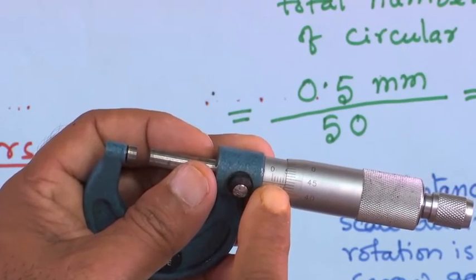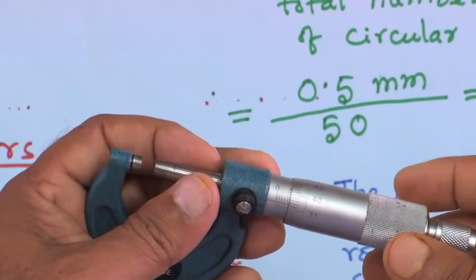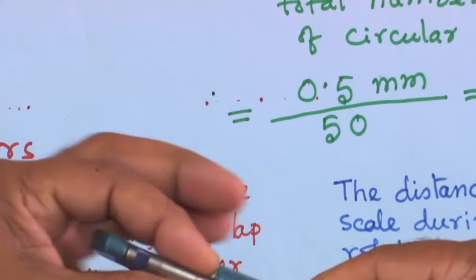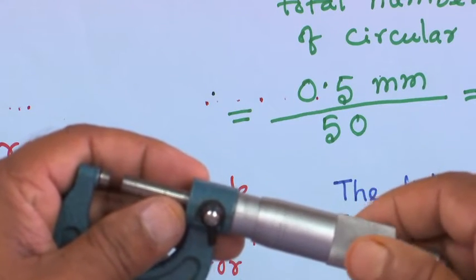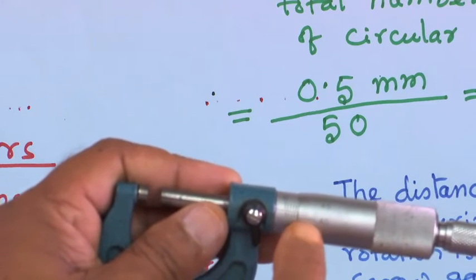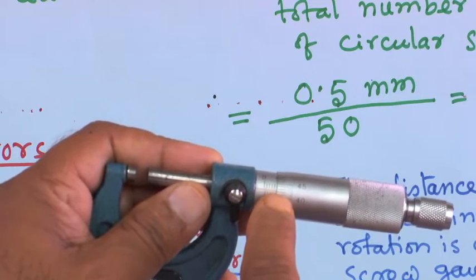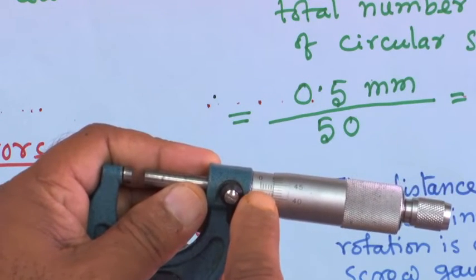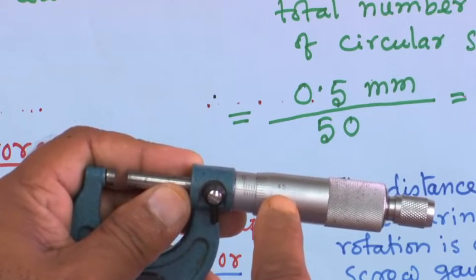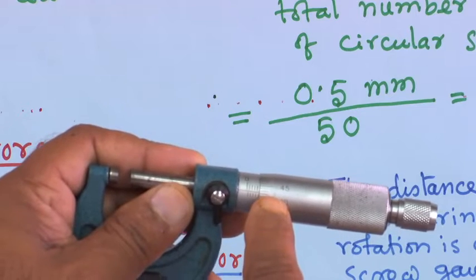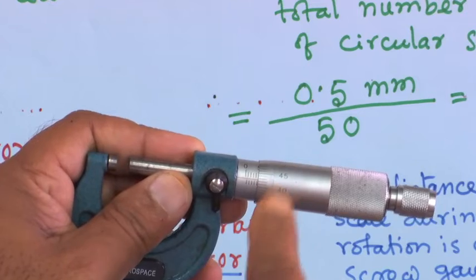So, it is 5 millimeter, and then some reading crossed. Then you have to find out which line on the circular scale coincides with this linear mark. Okay. So, that division you have to find out.